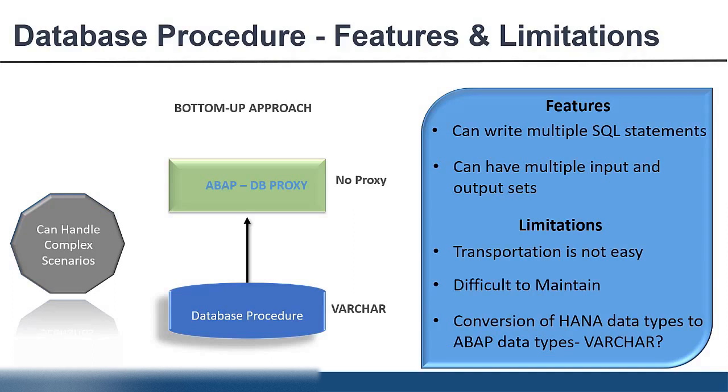The system will throw an error saying that conversion of varchar is not possible and the proxy cannot be created. That means when your database table has a data type varchar, the system will not be able to convert it, because for varchar there is no corresponding ABAP data type.